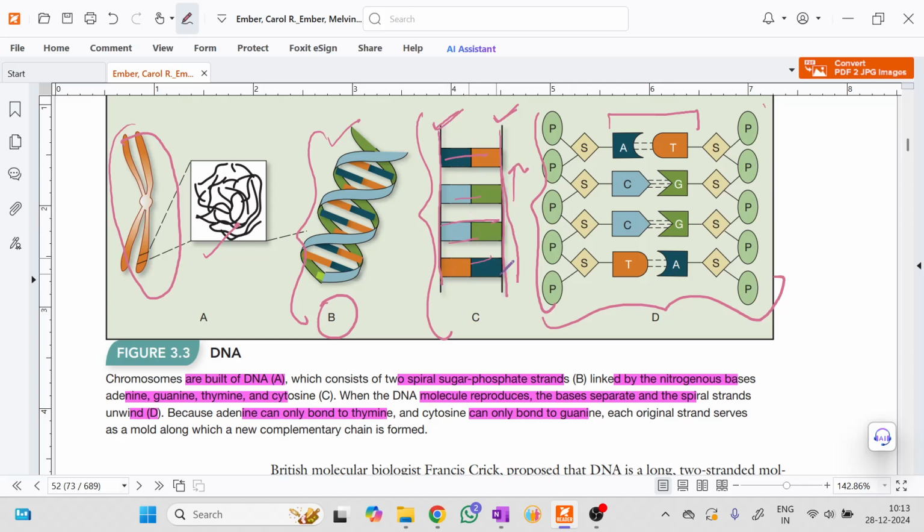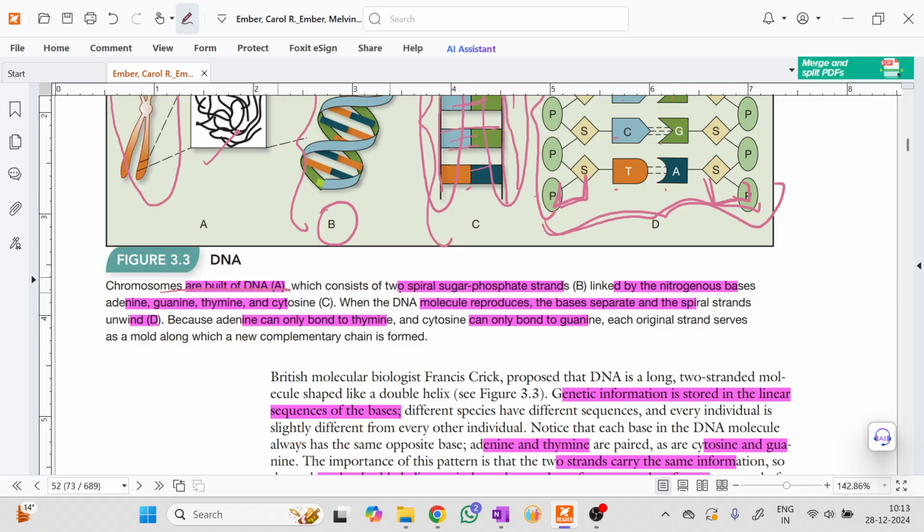So in this ladder-like structure, these sides, these handles, are the phosphate and sugar groups, which on both sides are there to stabilize the middle section. And the pedestals are the bases: AT, CG, CG, TA. So this is how DNA is organized.